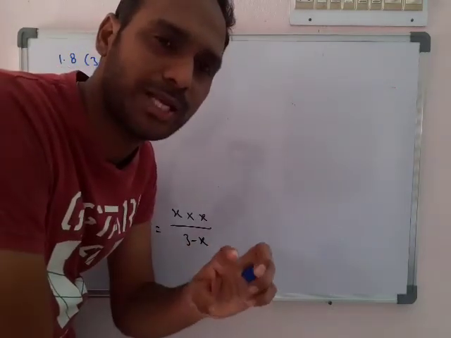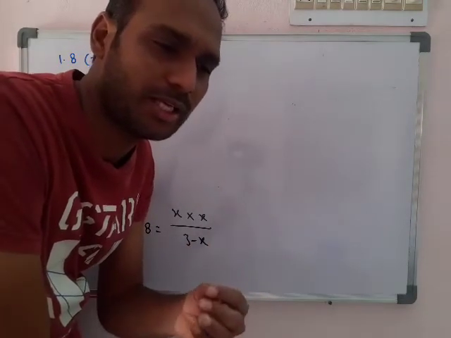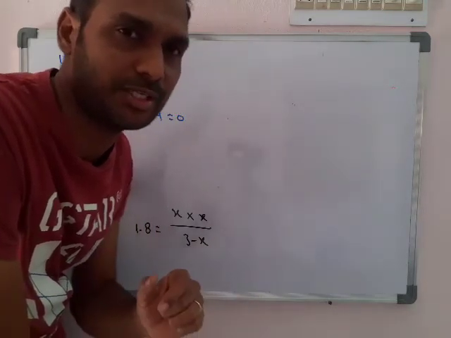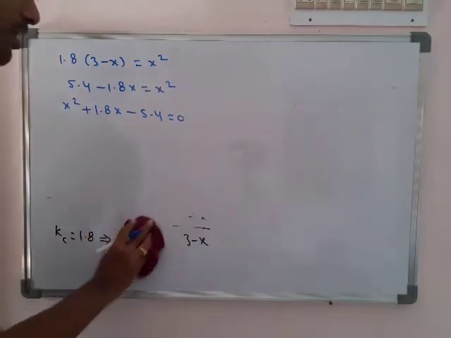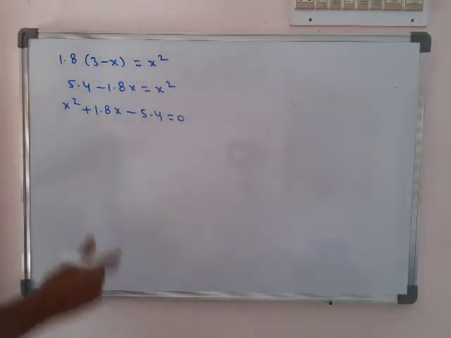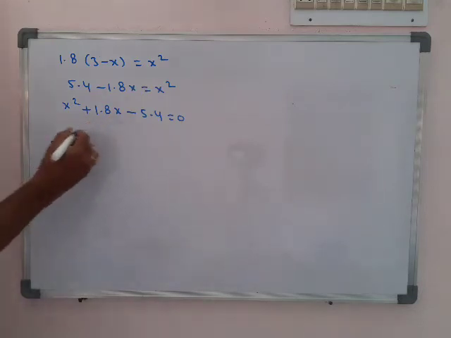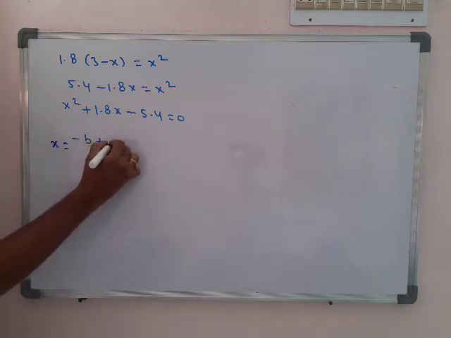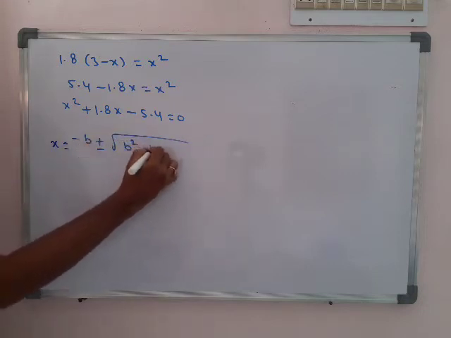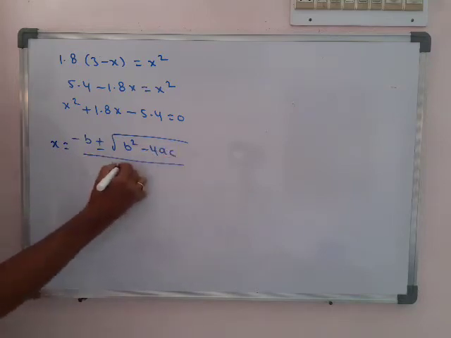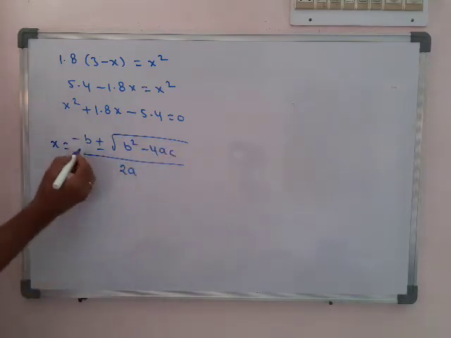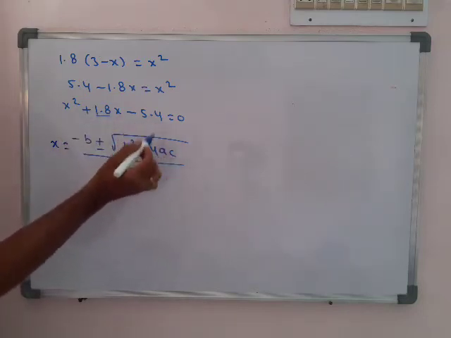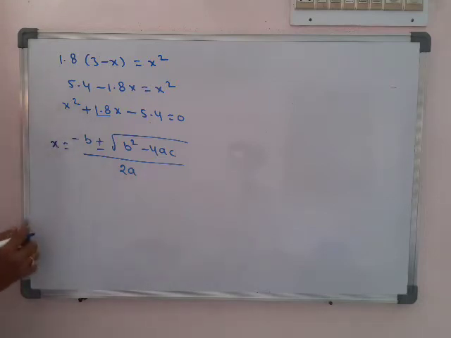Here we need some mathematical knowledge. I think you already know how to get the solution of an equation. There is a formula. Let us write the formula. What are the solutions for this equation? We can write x equals minus b plus or minus root b square minus 4ac, by 2a. You know this equation. Here b is 1.8, c value is minus 5.4, and a value is only 1.